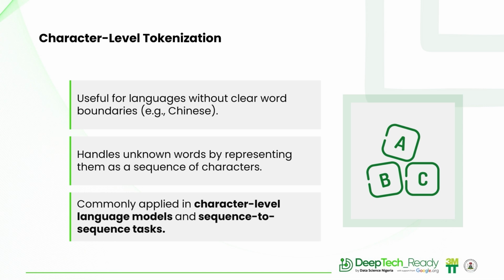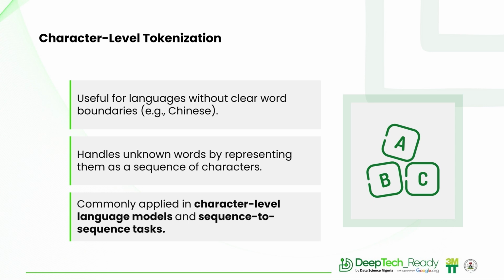Also, instead of treating an unknown word as a single out-of-vocabulary token, character-level tokenization represents it as a sequence of its own constituent characters. This ensures that the model can still process and learn from the word structure.